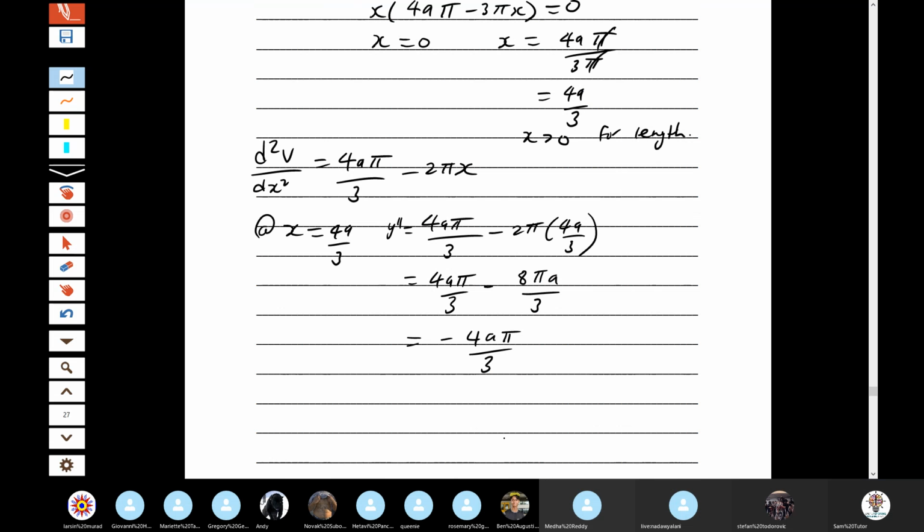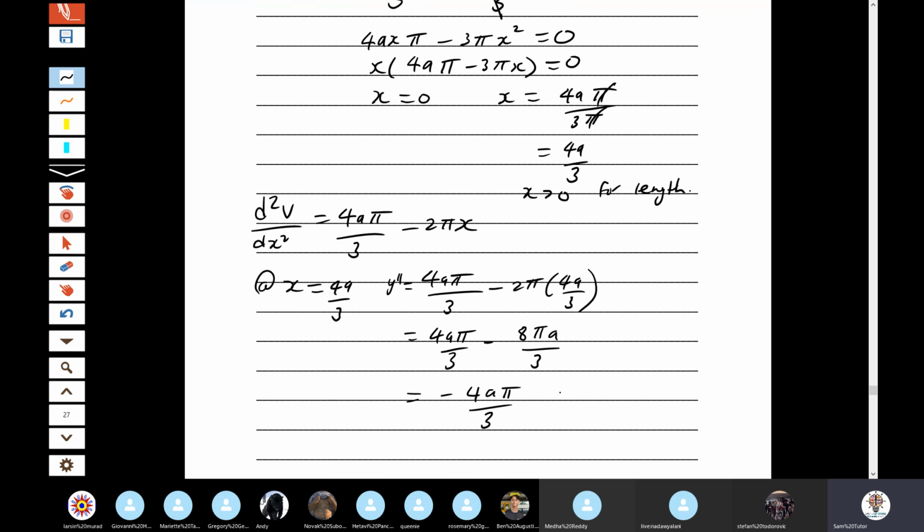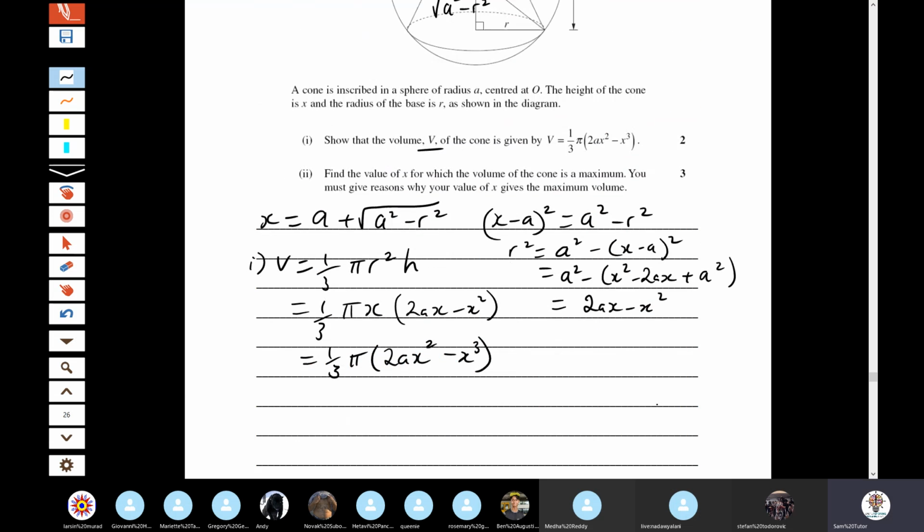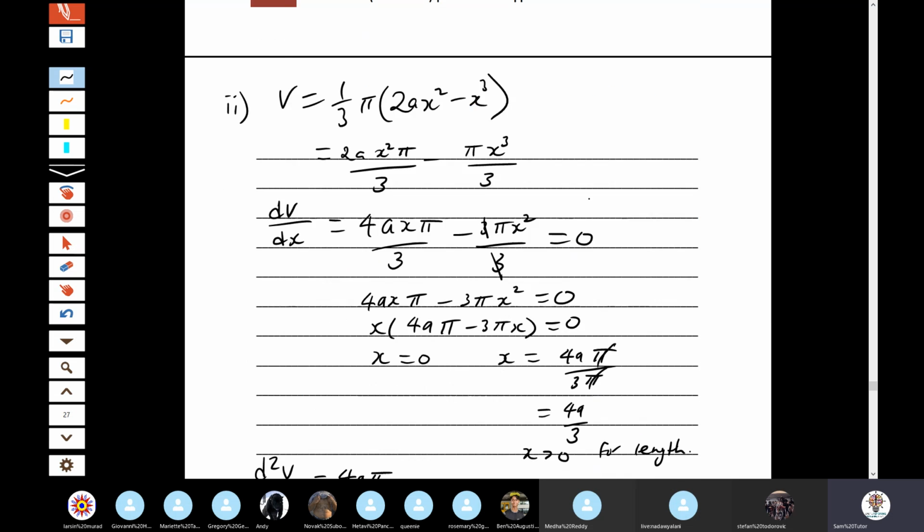Now, what must you say? What are we trying to do? Remember, this is less than 0. It's a max. But how can you conclude that? You must give reasons why your value gives the maximum. Why do you think they're saying that?